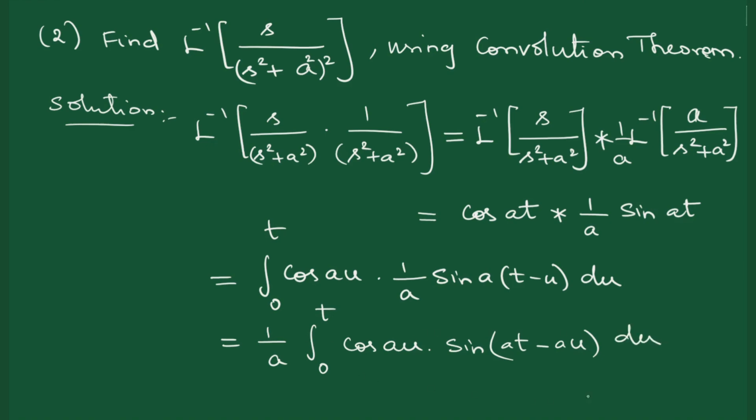Now we have to integrate this term, but here we have a product of two trigonometric functions, so we have to use the cos A sin B formula.